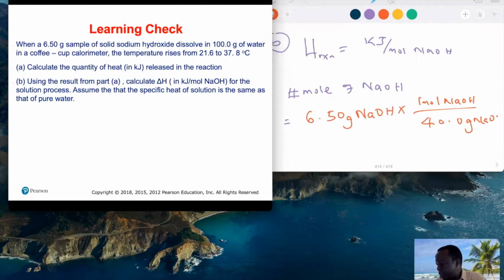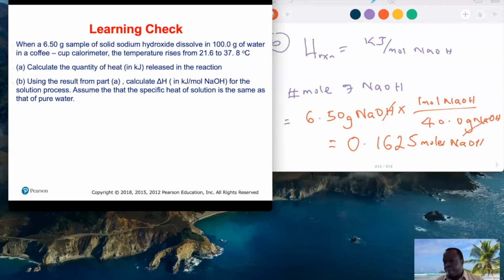If not given this, you will have to use the periodic table. Let me just finish this, somebody has a question. This will give you the number of moles, 0.1625 moles of NaOH.